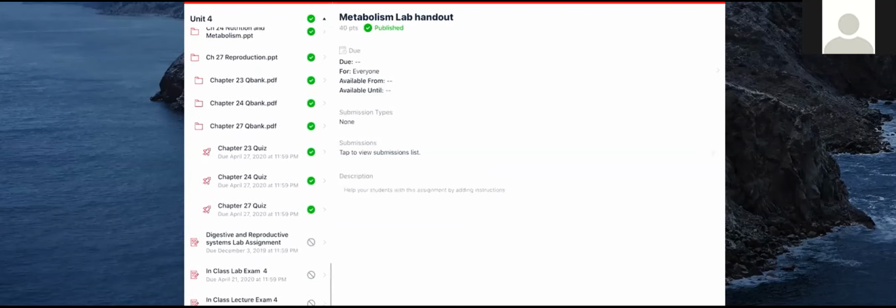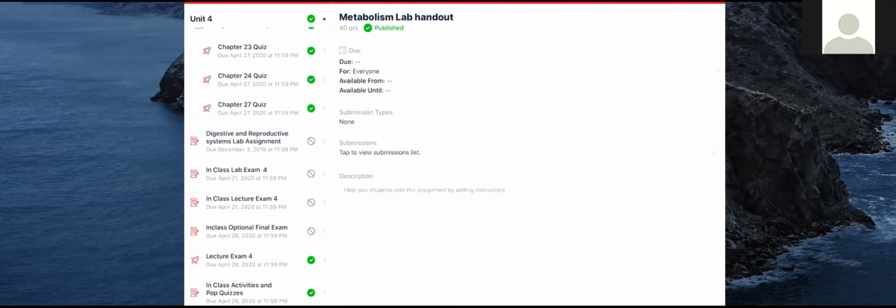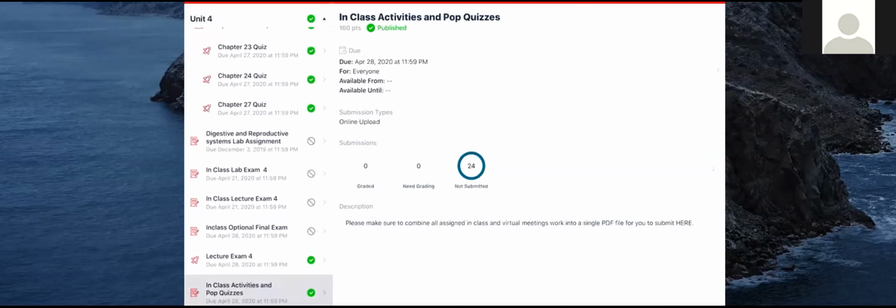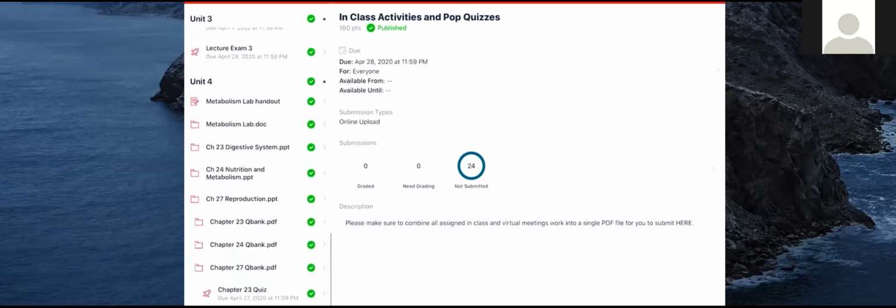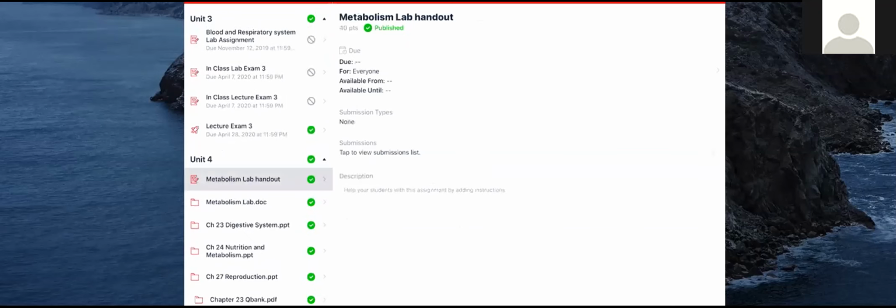The in-class activities and pop quizzes, which includes all your in-class work, including the labs, in a single file. The other file is going to be the metabolism lab handout.